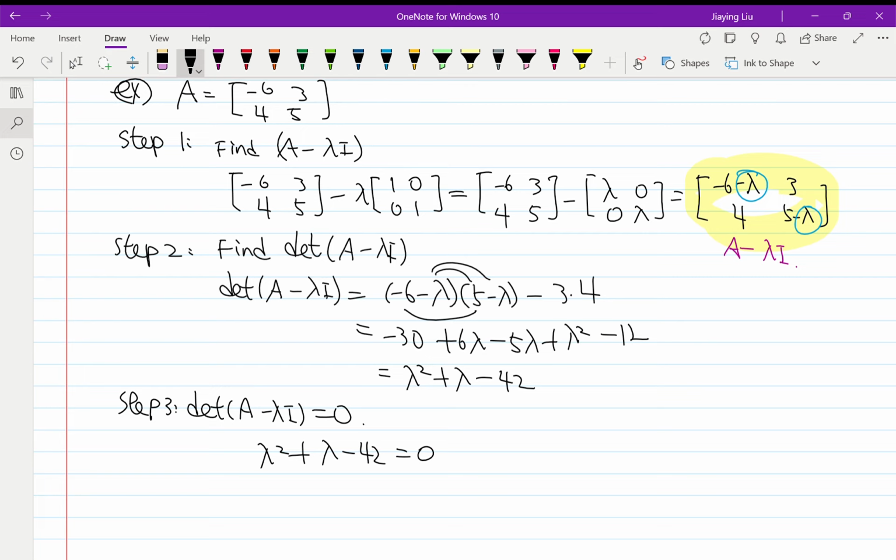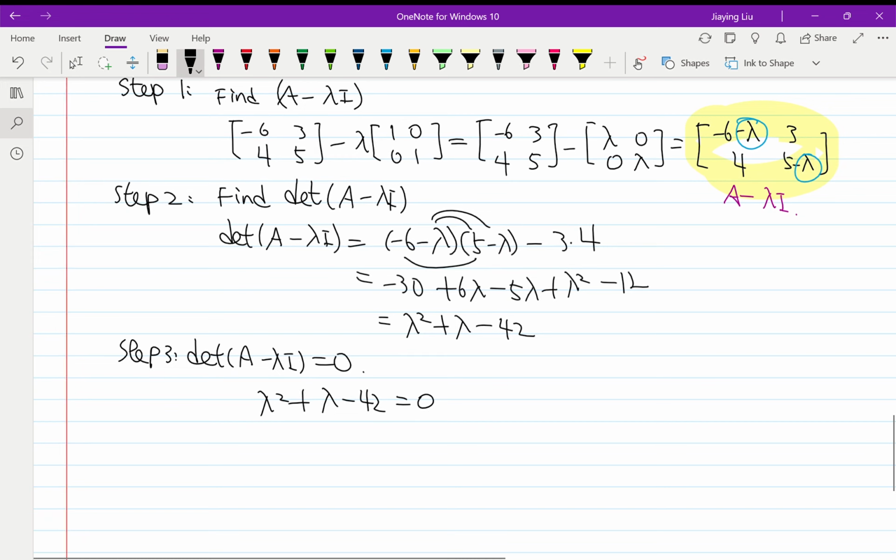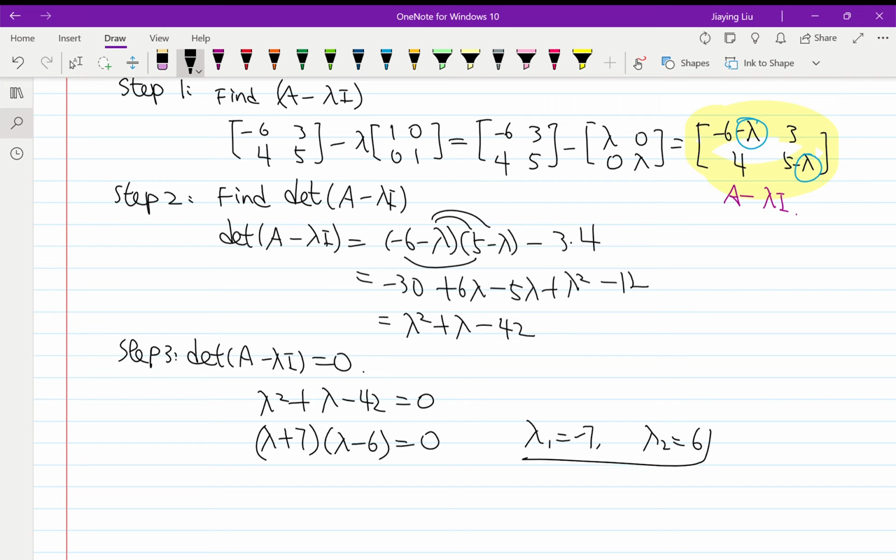And then we can find the two lambda values. If you factor it, it should factor nicely in this case. So we get lambda 1 equals negative 7, lambda 2 equals 6. Those are the eigenvalues.